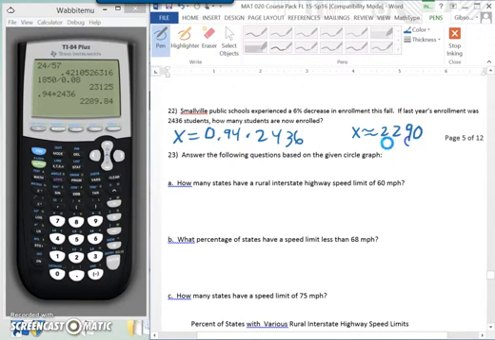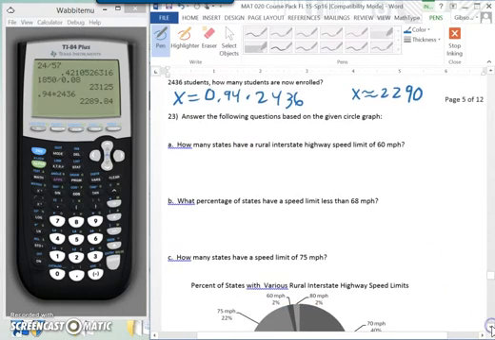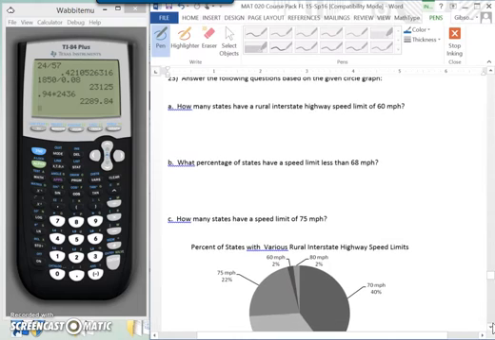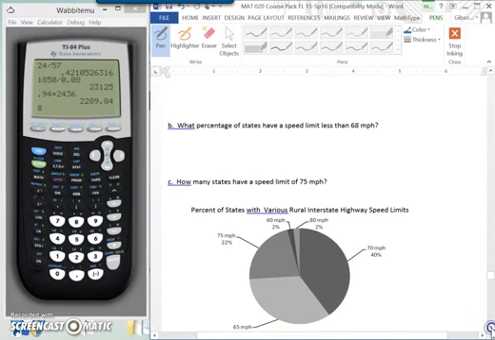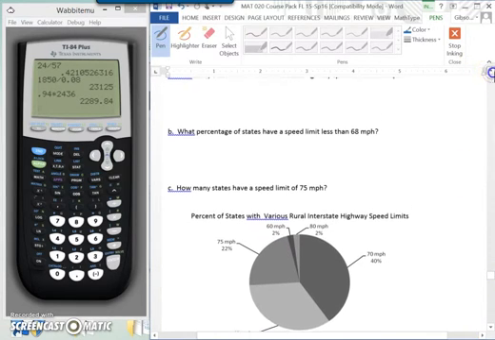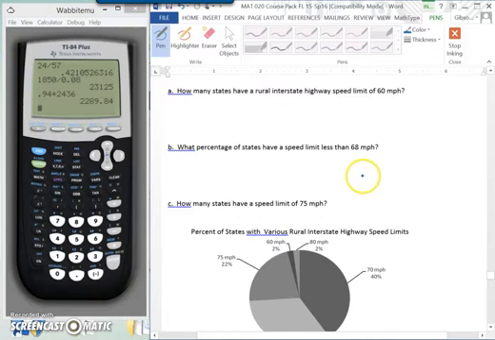The next problem states, answer the following questions based on the given graph. Okay, now the graph is here. It says, how many states have a rural interstate highway speed limit of 60 miles per hour? Before we even get into that, we must know how many states there are in the United States.